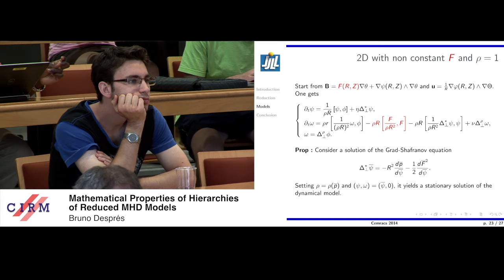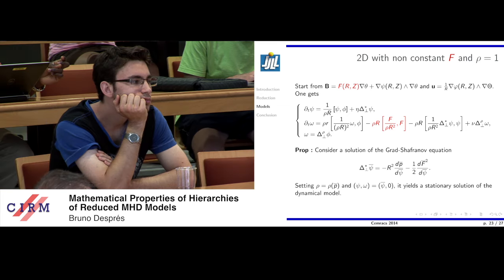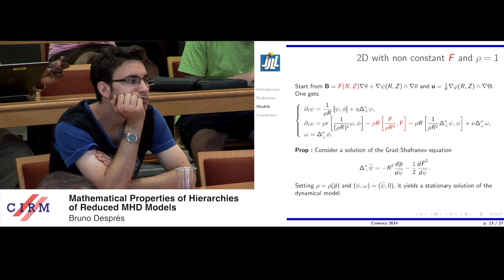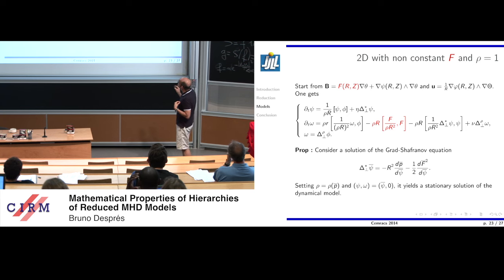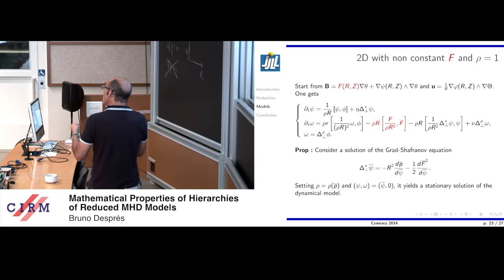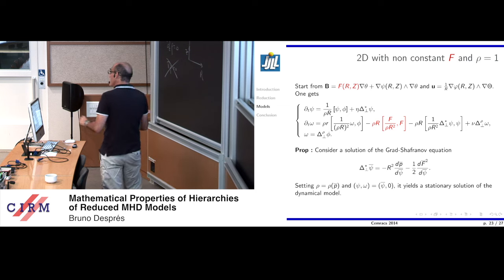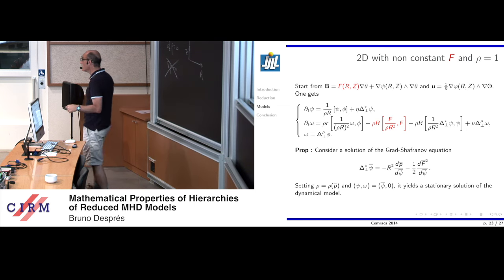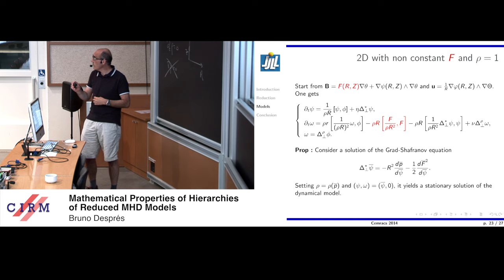But what is the interest of the model? It reminds me of a question that was asked to me by Jacques Blum. If you use that, you can set f so that it satisfies the Grad-Shafranov equation, the physical one, not the idealized one.